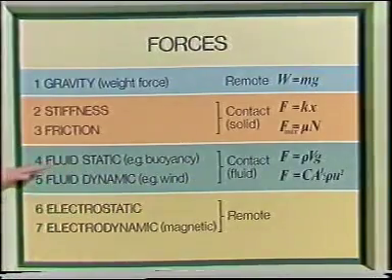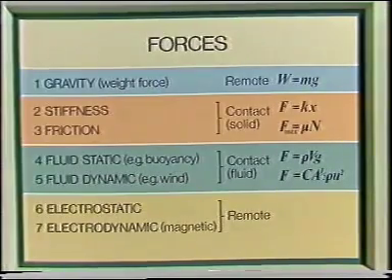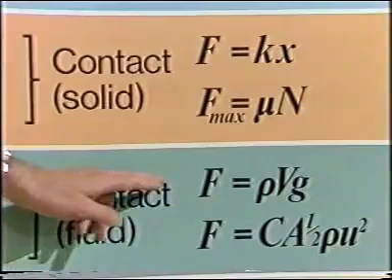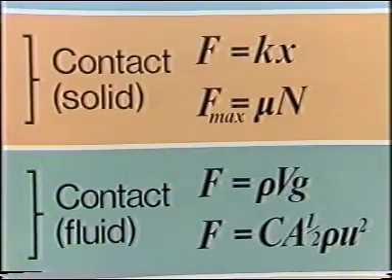Next come the fluid contact forces, when a gas or a liquid such as water is in contact with the chosen free body. Fluid static forces include forces such as those on locked gates, and vertical ones such as buoyancy, given by F equals rho Vg, where rho is the fluid density, V is the volume of the body, and g is gravity.